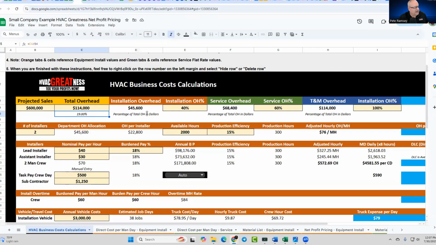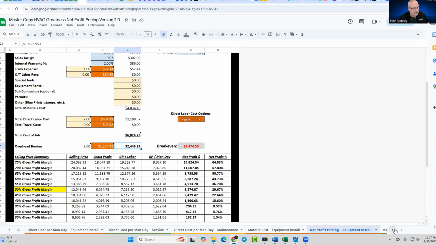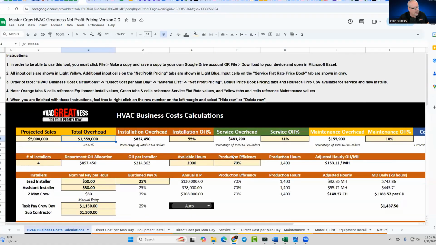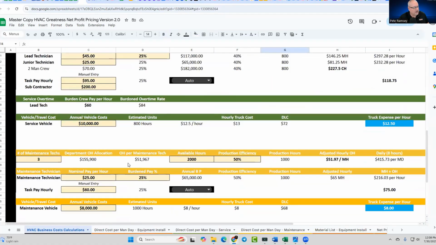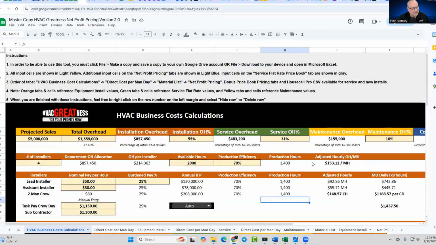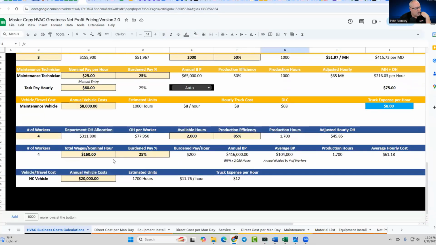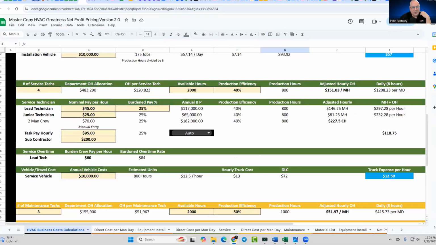And they have split that up based on how much work they have in changeouts, how much work they have in service. And even in this case, on the new calculator, we have the ability to calculate how much work you have in preventive maintenance. So if you have your maintenance agreements down here in this yellow, and I know this is an eye chart, but we even down here in the dark blue have something for calculating special projects and things like that. That's the way you do it.